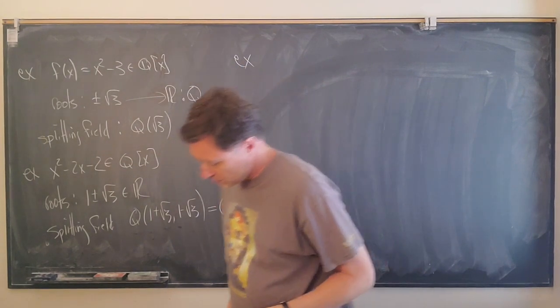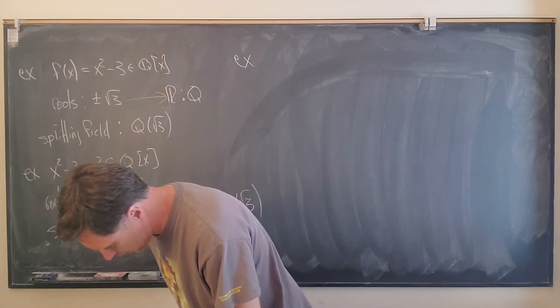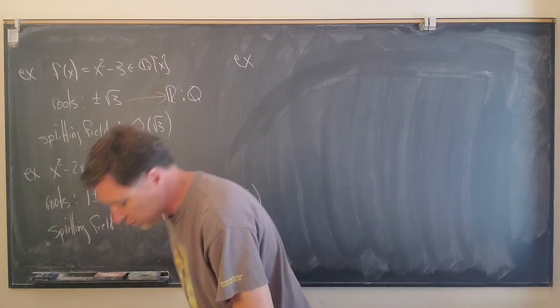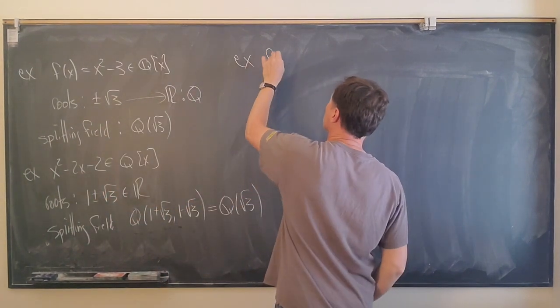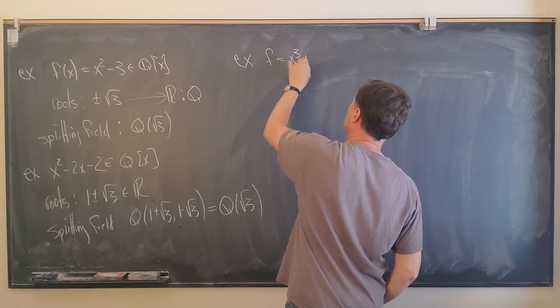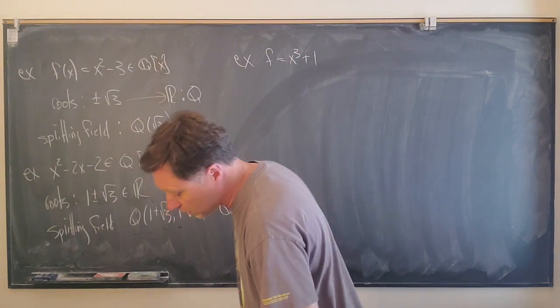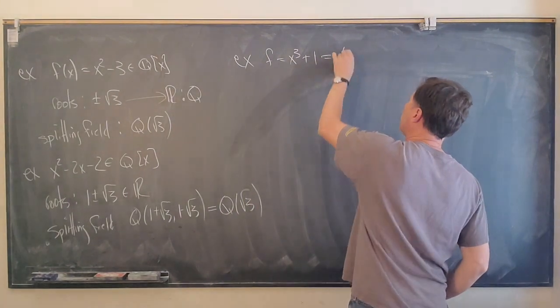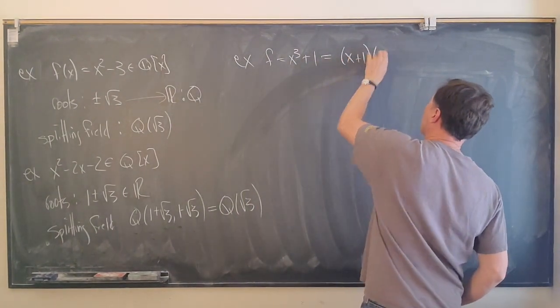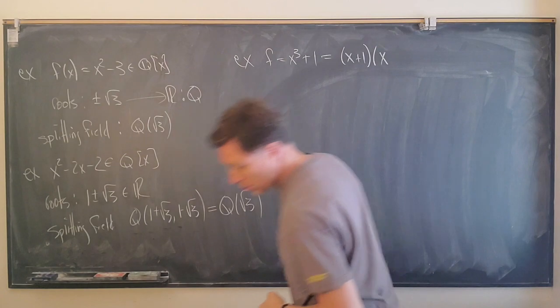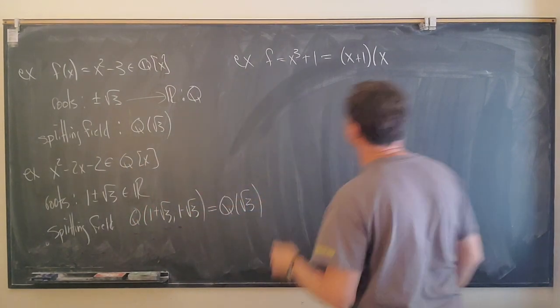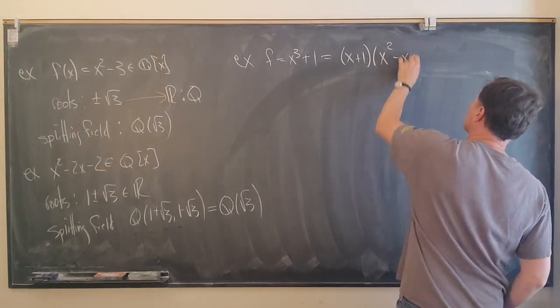Another example, let's look at the polynomial x cubed plus 1. Now, this factors, it's equal to x plus 1 times x squared minus x plus 1.